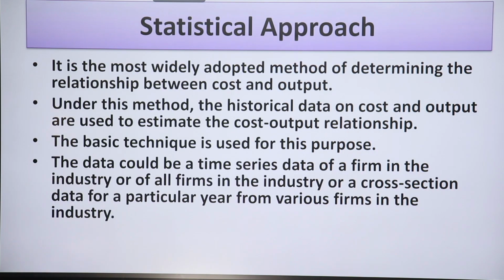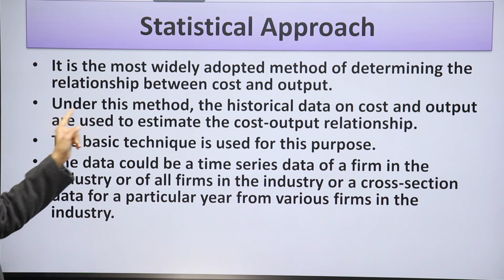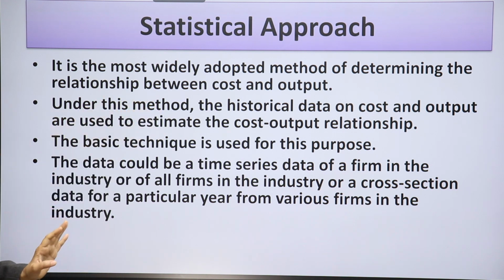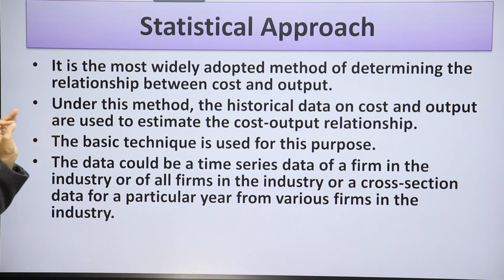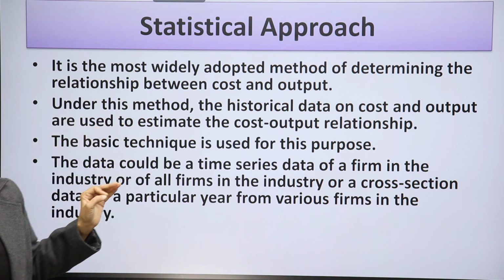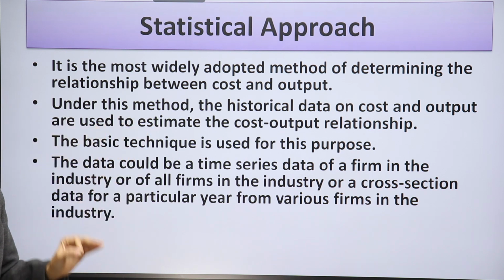Then the statistical approach. It is the most widely adopted method of determining the relationship between cost and output. It is the best and the most widely used method. Under this method, historical data on cost and output are used to estimate the cost-output relationship. Historical data, what is that?